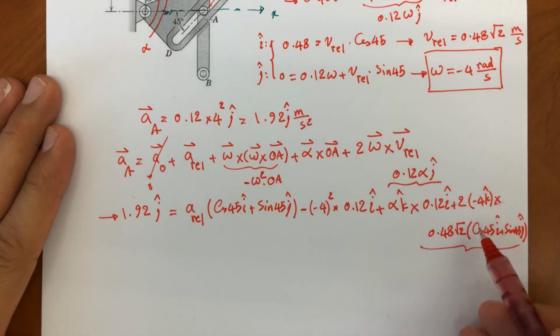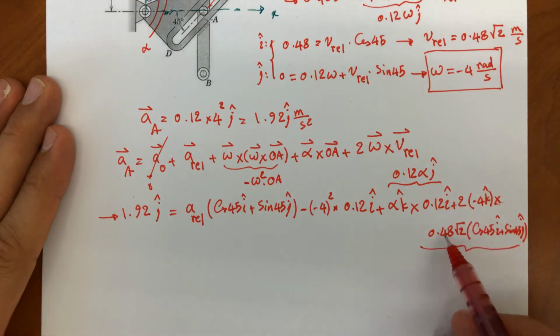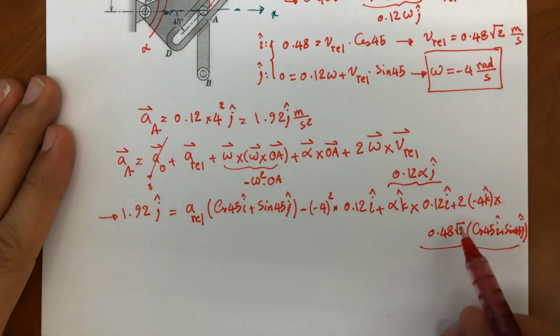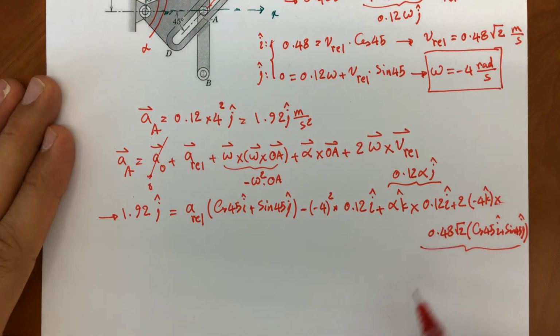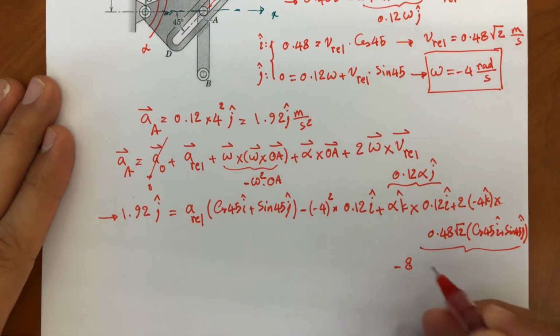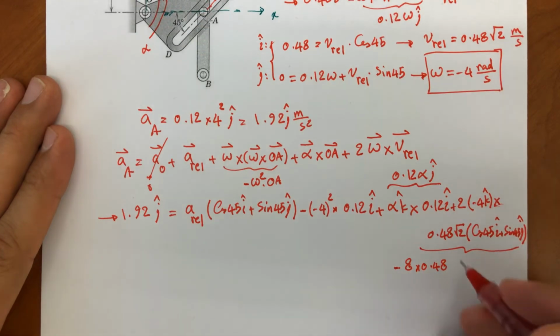It's a little bit messy, sorry about that. K cross i is j, 2 times 4 times this times cosine of 45. Cosine of 45 is 1 over the square root of 2, so this is going to cancel out. So I'm going to have 8 times 0.48, and we have that negative sign too. So negative 8 times 0.48 in the j direction.